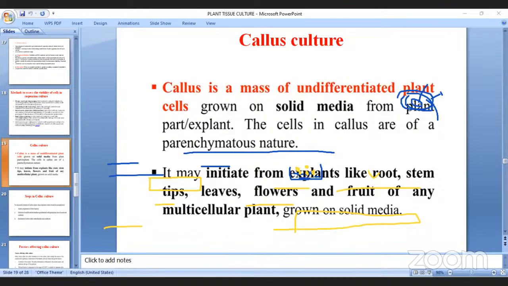And next, hybridization. Fusion of protoplast, somatic hybridization completed. And another one I forgot in the protoplast culture methods: chemical fusion and electric fusion.